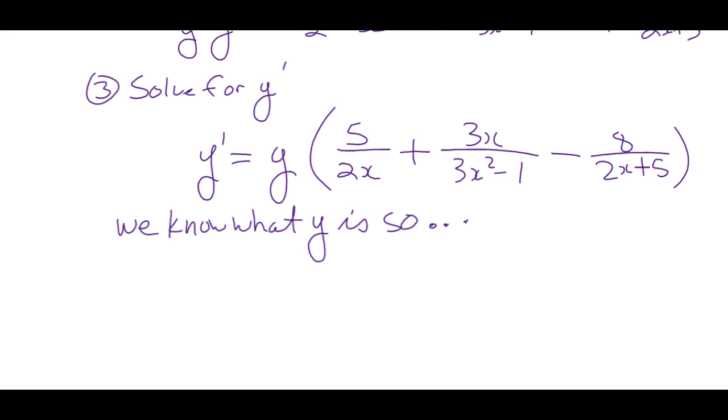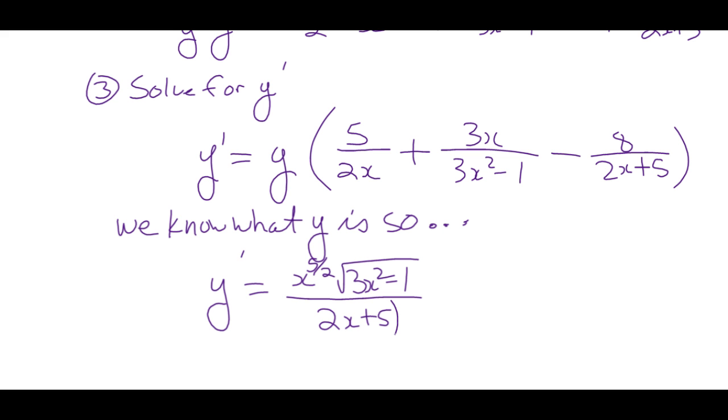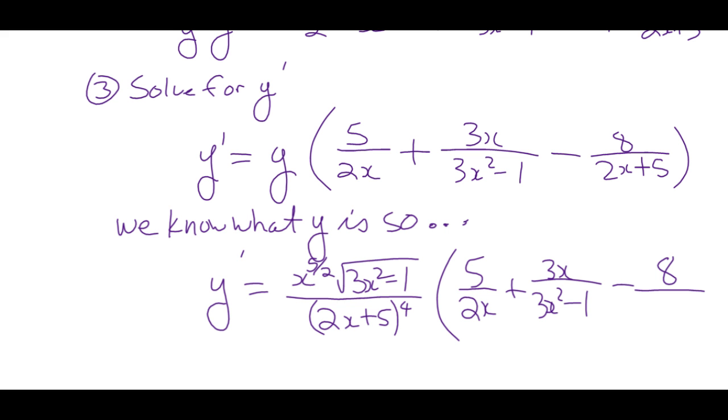So, y prime is equal to x to the 5 halves, the square root of 3x squared minus 1, over 2x plus 5 to the 4th, times 5 over 2x, plus 3x over 3x squared minus 1, minus 8 over 2x plus 5, and that's it. We're done. Okay.